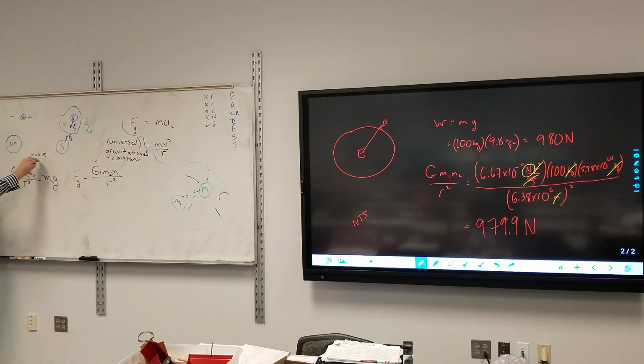I'll put central in quotation marks because that's a vague term. The other object. And so big G times the mass of the Earth divided by r squared would be the formula for little g. We've taken the mass of the small object out of it.